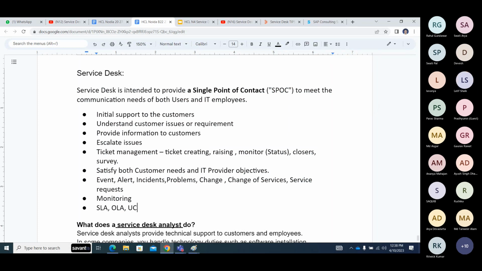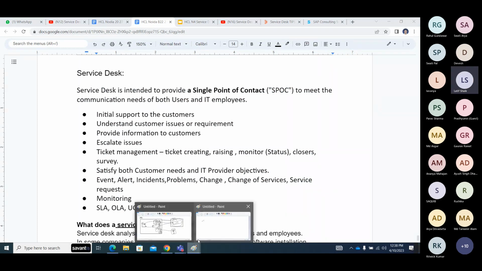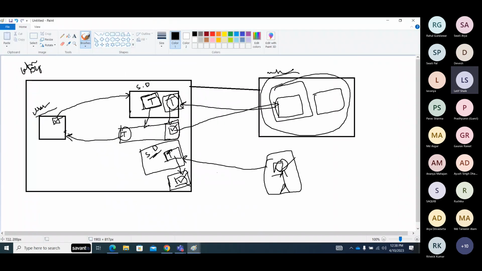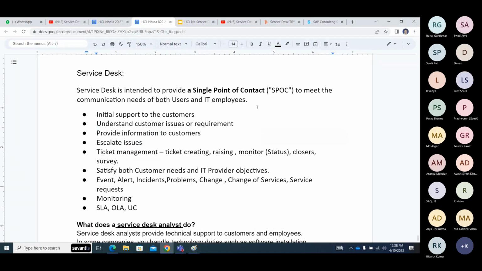Okay. Service desk is a single point of contact. It provides a single point of contact between users, clients or customers, and the IT employees. IT employees means the people who are providing support.